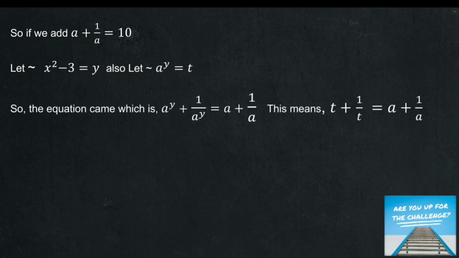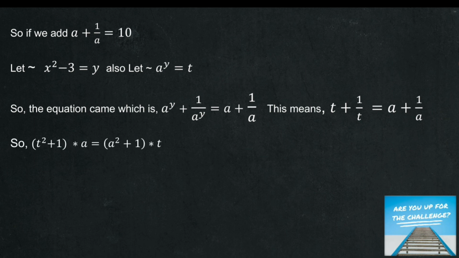So the equation that came is that we know a to the power y was there, a to the power x square minus 3. That means 5 minus 2 root 6 whole to the power x square minus 3. So not to write these things, we simply let a to the power y be t. So here we can see easily. Alright.